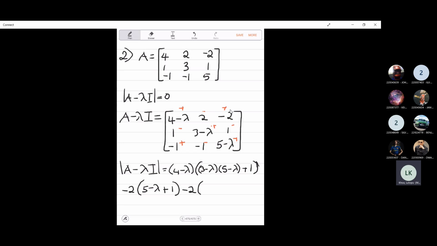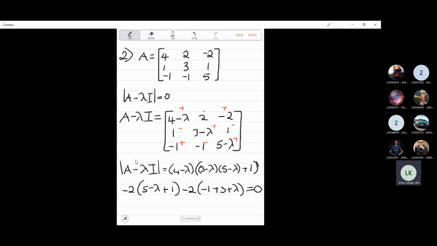Again, you remove the row and the column that -2 is in, and then work out the determinant of the matrix we're left with. So that's 1 times -1, which is -1, then minus -1 times 3 minus lambda. Minus negative will give me positive 3 plus lambda. And remember, this determinant must be equal to 0.